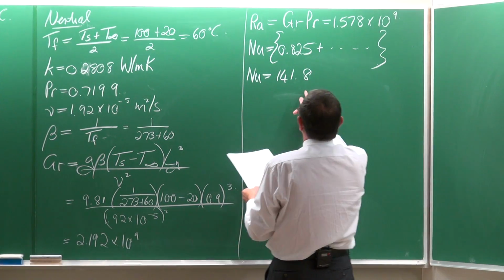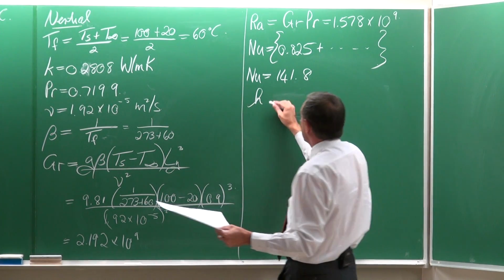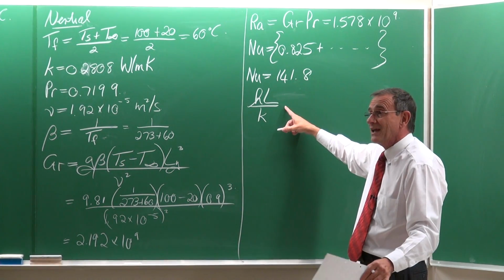So, the Nusselt number is equal to the heat transfer coefficient multiplied by the characteristic length divided by k. Now, which characteristic length?